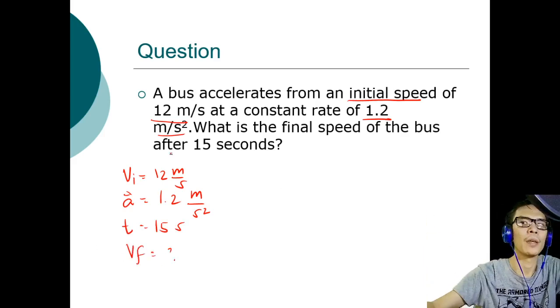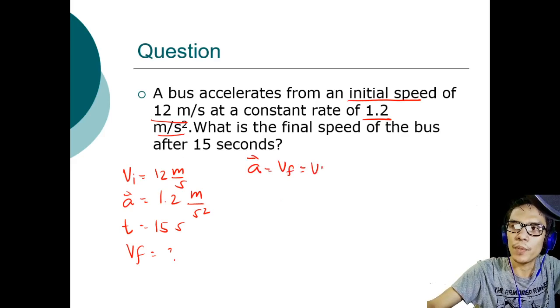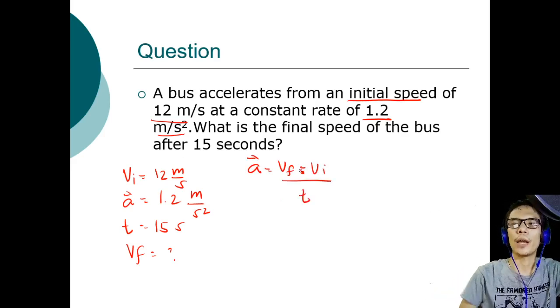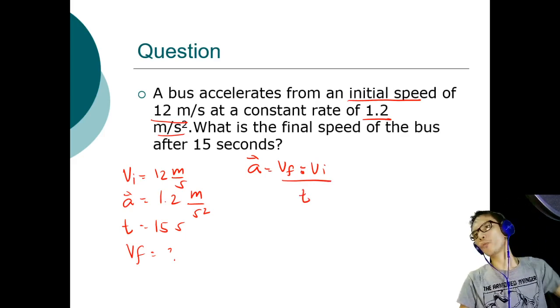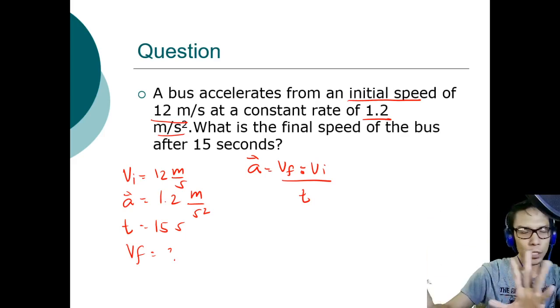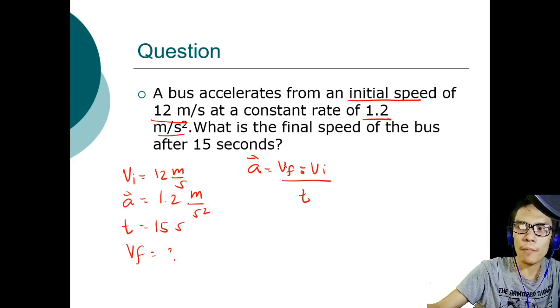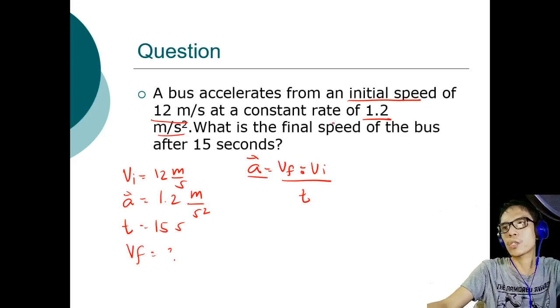To compute this, we will use the formula a equal to v sub f minus v sub i over time. In this case, we will need to transpose the formula, because we are not given v sub f, and we have a given acceleration in the problem. So we will need to transpose this one.